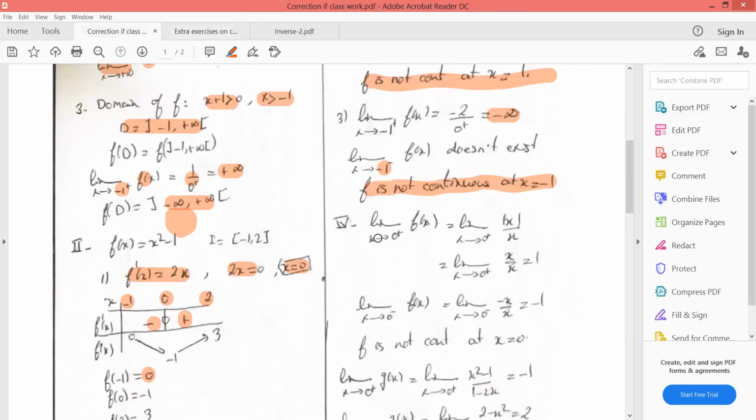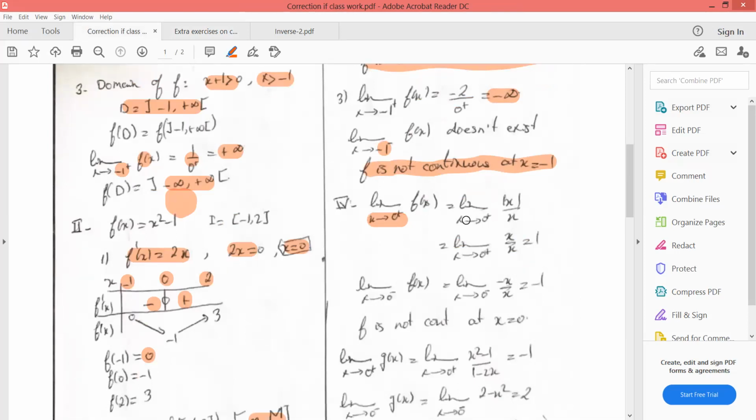The limit of f(x) as x tends to 0 plus equals the limit as x tends to 0 plus of absolute value of x over x. Any question up to here? No. As x tends to 0 plus, the inside is positive, x is positive, so I can take the absolute value: the absolute value of x gives x over x, which is 1.